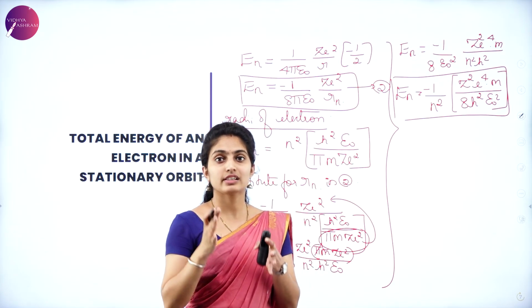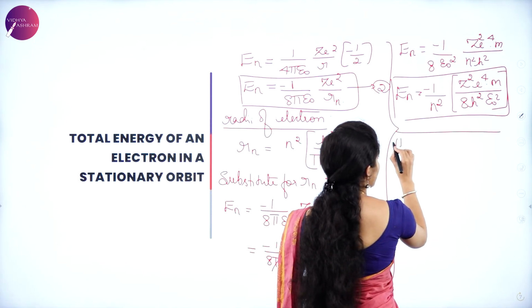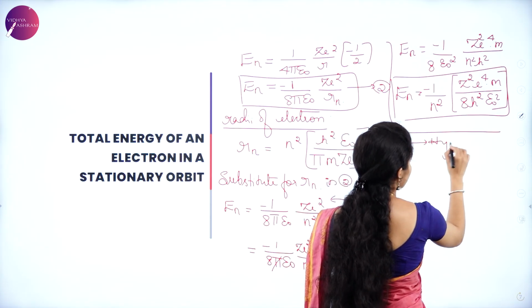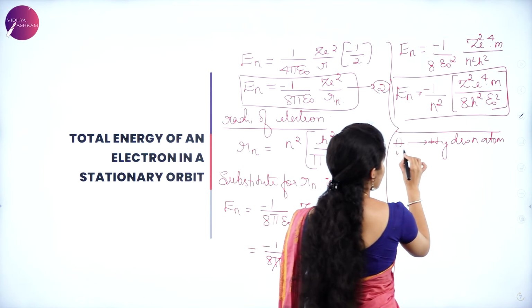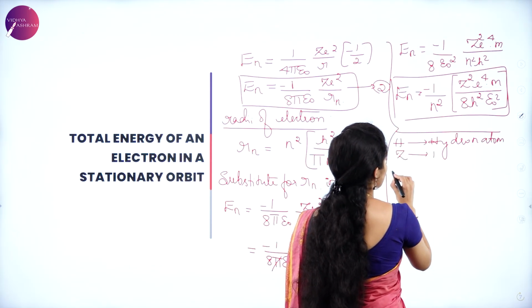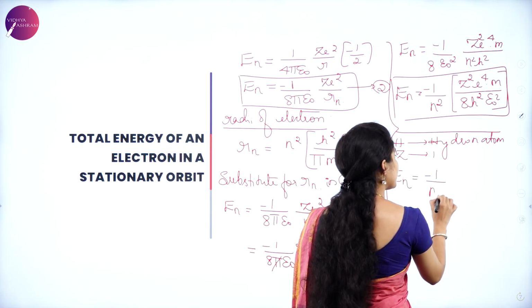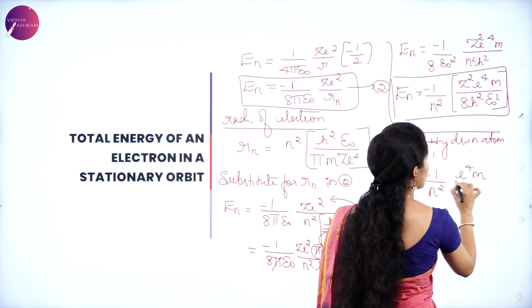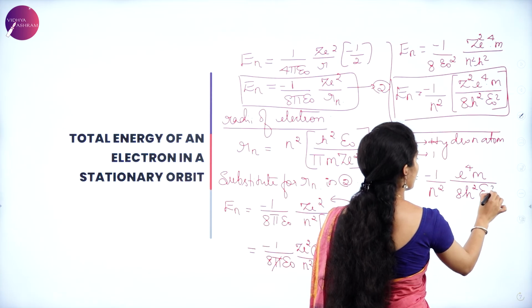Suppose you are considering a hydrogen-like atom, then Z becomes 1. So your equation turns out to be minus 1 by n square, e to the power of 4 m divided by 8 h square epsilon naught square.